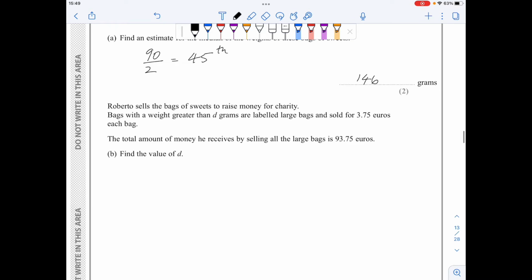For part B, I have bags sold for 3.75 and the total amount is 93.75.